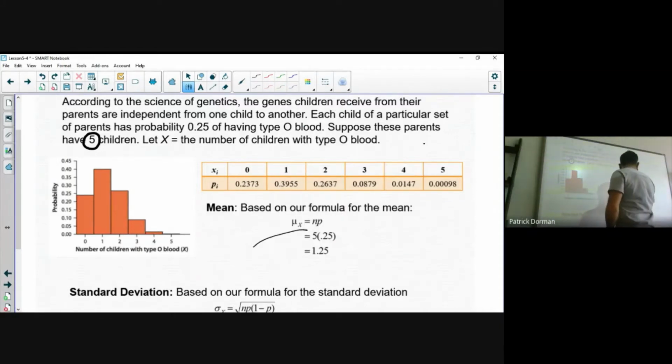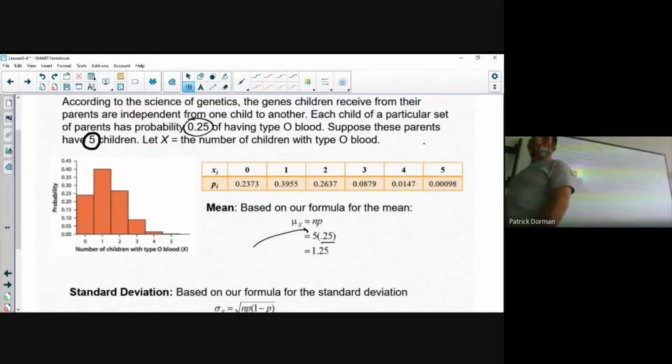This one is your number of trials. And then where does the 0.25 come from? Right there. Basically, in all of these problems, there's two numbers. One's a probability and one's your number of trials. The probability is the one that's a decimal. No problem.